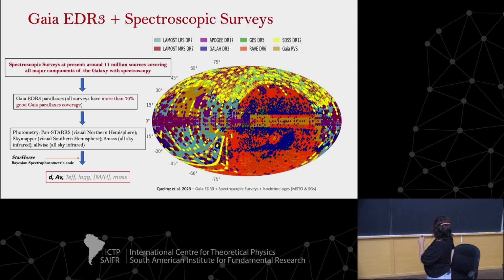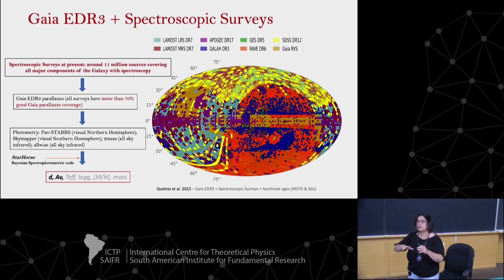Then you have the Gaia-ESO survey, the RAVE survey that was from my institute, low resolution, near infrared, and then the SDSS SEGUE data and the Gaia RVS data, because Gaia also produced in Gaia EDR3 some spectra, and in the beginning they didn't release the spectra in Gaia EDR3, but they released the input parameters obtained from the spectra with their own pipeline.